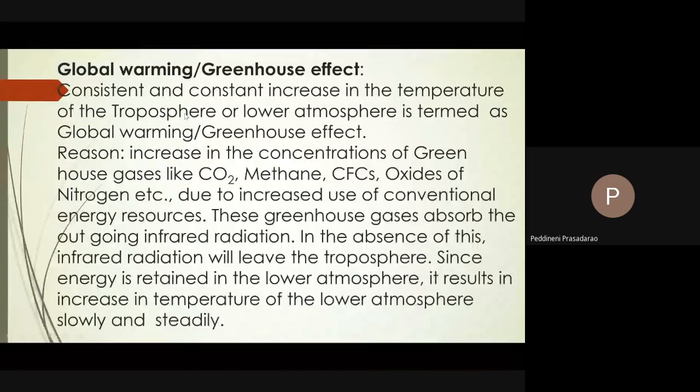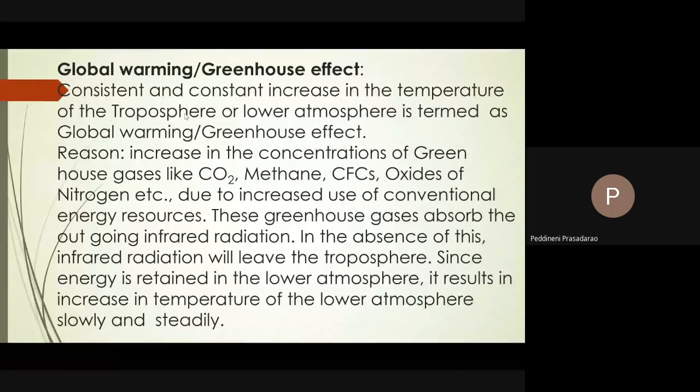So when you look at this particular global warming or greenhouse effect, as I said, this is the consistent and constant increase in the temperature of the troposphere or lower atmosphere. So that's how people consider this phrase: global warming in the sense of warming of the globe.